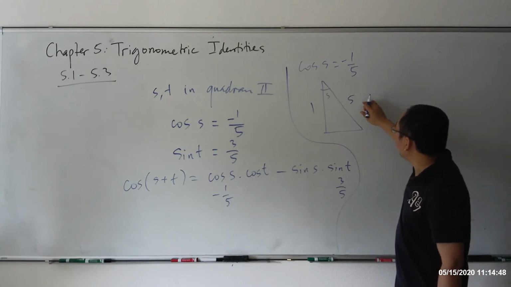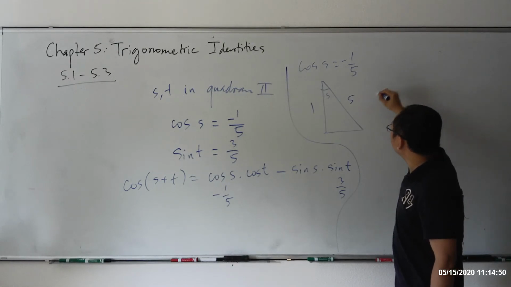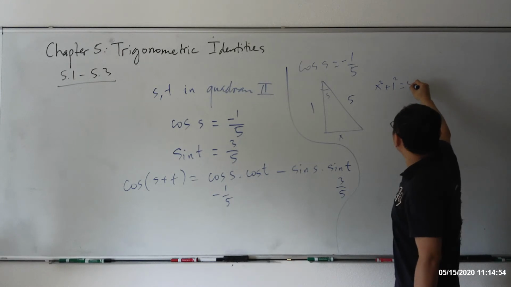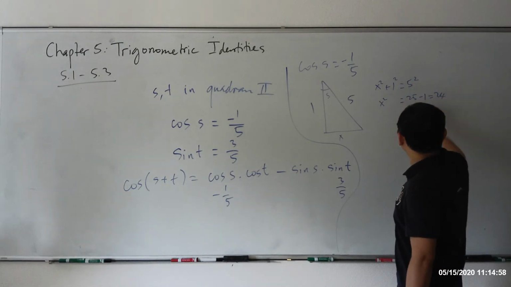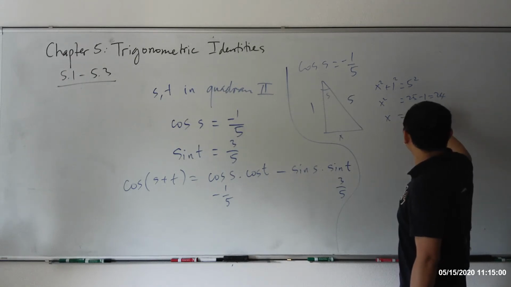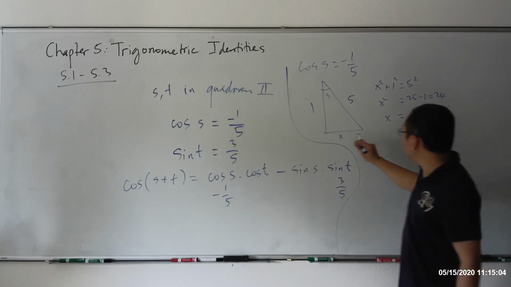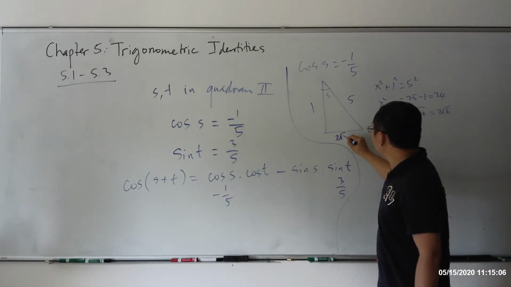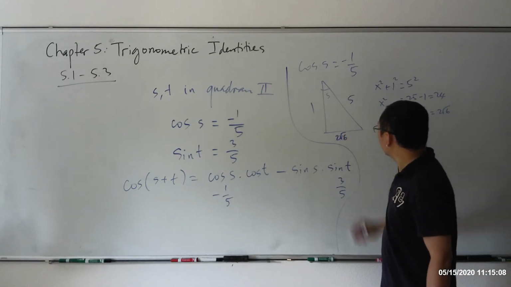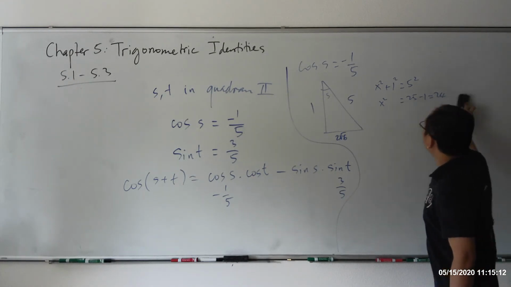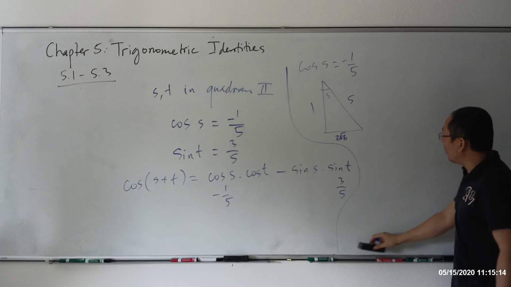Yes. What? Pythagorean theorem. We'll call it x, right? X squared plus 1 squared equal to 5 squared. So x squared equal to 25 minus 1 equal 24. So x is square root of 24, which is 2 root 6. So this is 2 square root of 6. So you got cosine of S equal to -1/5.